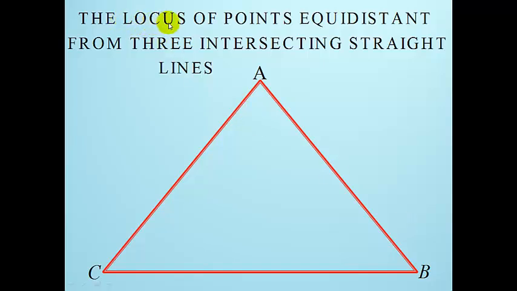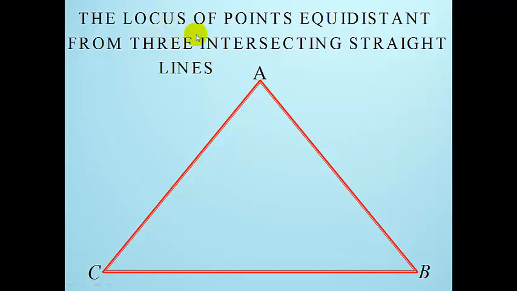Now we consider the locus of point equidistant from 3 intersecting straight lines. So with the locus of point equidistant from 3 intersecting straight lines, that is line AC, line CB, and line AB. These are 3 lines.